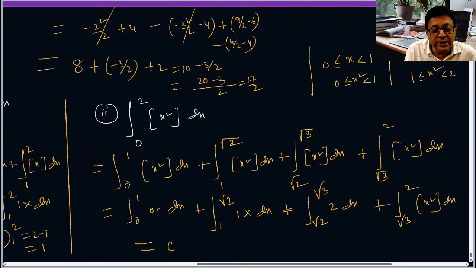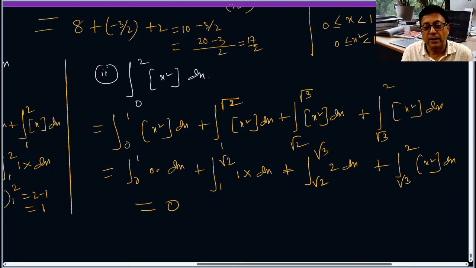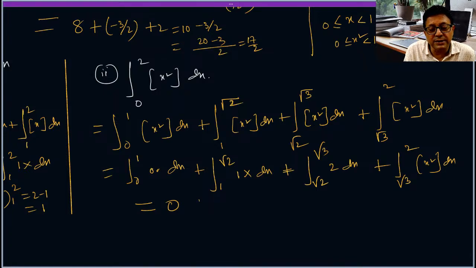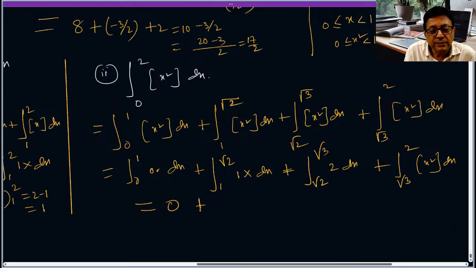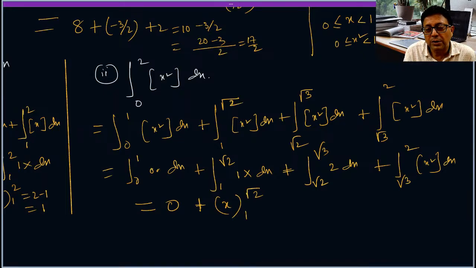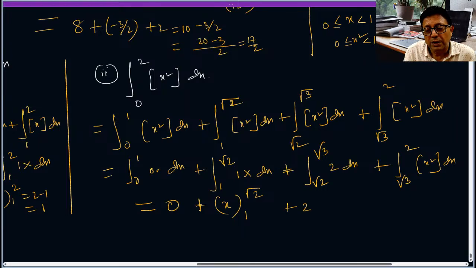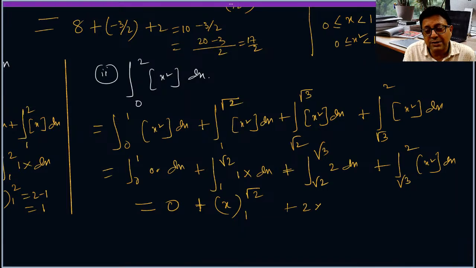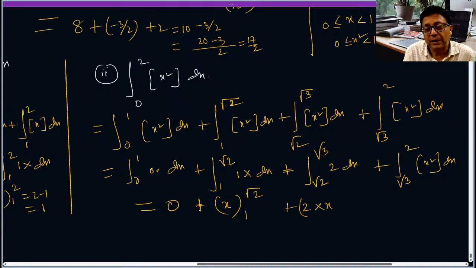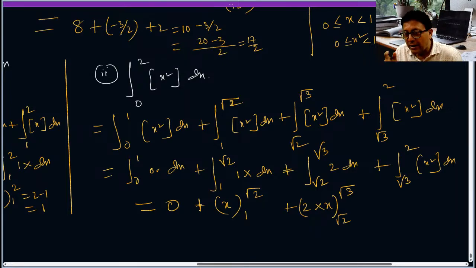So the value is 0 here, and here it is x. Value is 1 to root 2. This one 2x. Isn't it? And next one what to put?